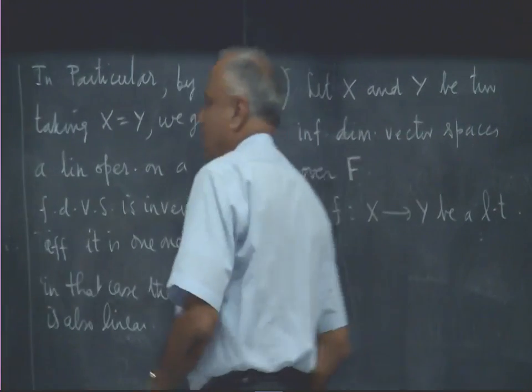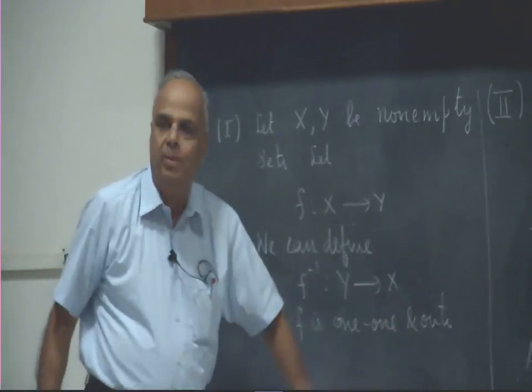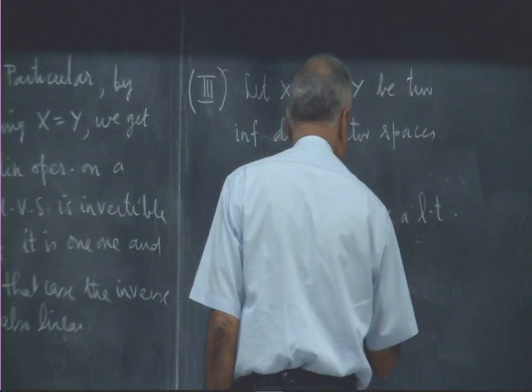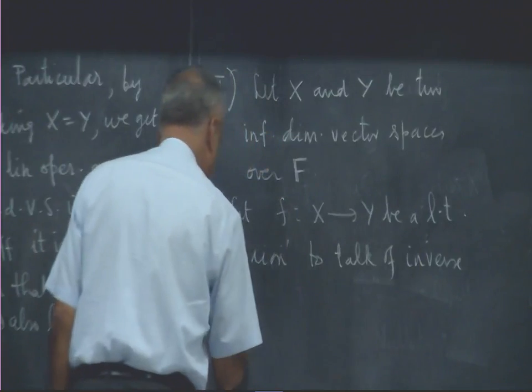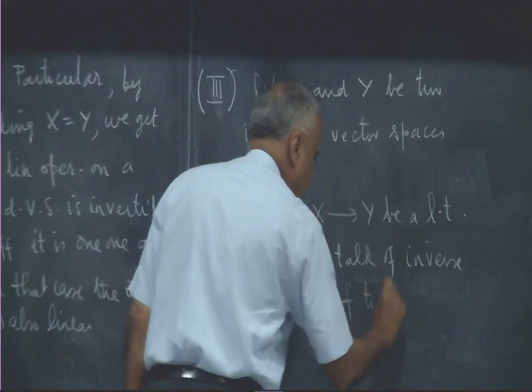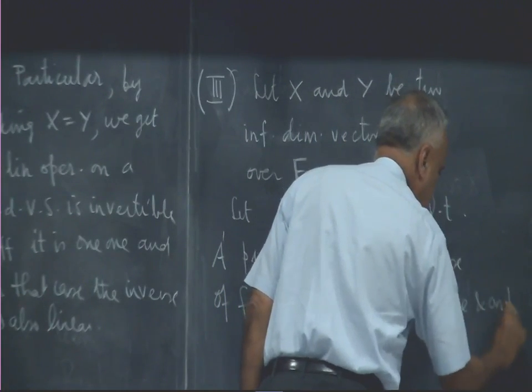Now again, if you want to talk of inverse, a priori we always need 1-1 and onto. It so happened in the finite dimensional case one meant the other, so the other one could be removed. So in general, again a priori, to talk of the inverse of F, we need F to be 1-1 and onto.